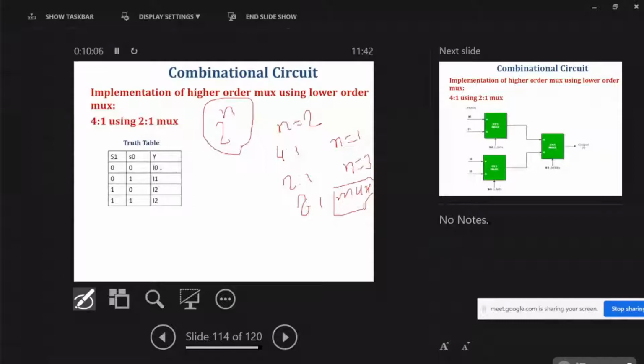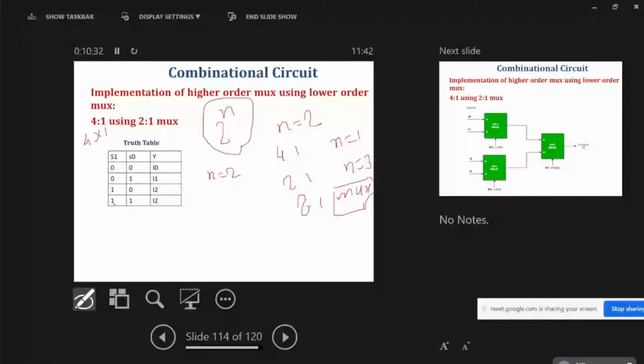First of all, we will find the truth table. For implementing a 4x1 mux, we know the truth table. For a 4x1 mux, the number of selection lines n is equal to 2. For those two selection lines, there are four combinations: 0 0, 0 1, 1 0, 1 1.